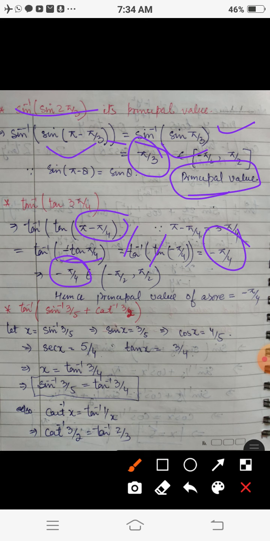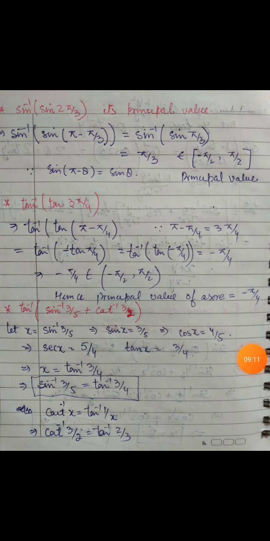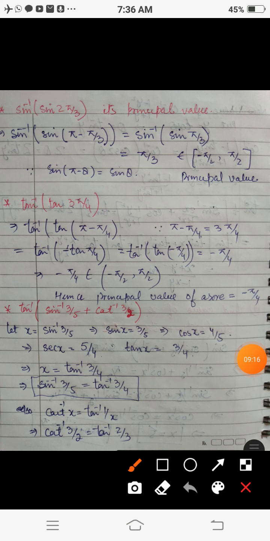Tan of (sine inverse 3 by 5 plus cot inverse 3 by 2). If we put x equals sine inverse of 3 by 5, then sine x is 3 by 5.